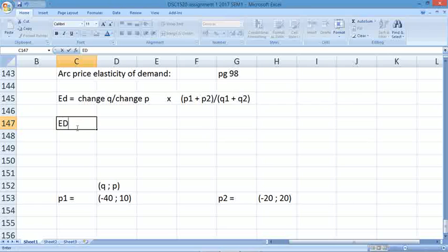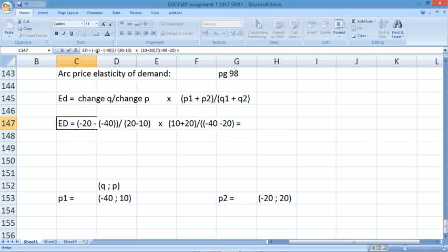So ED would equal a change in quantity, which is minus 20 minus brackets minus 40, close brackets, divided by a change in price. Change in price is 20 minus 10, close brackets. Then multiply that by open brackets P1 plus P2, so 10 plus 20, close brackets, divided by open brackets Q1 plus Q2, which is minus 40 plus minus 20, so minus 60, close brackets.